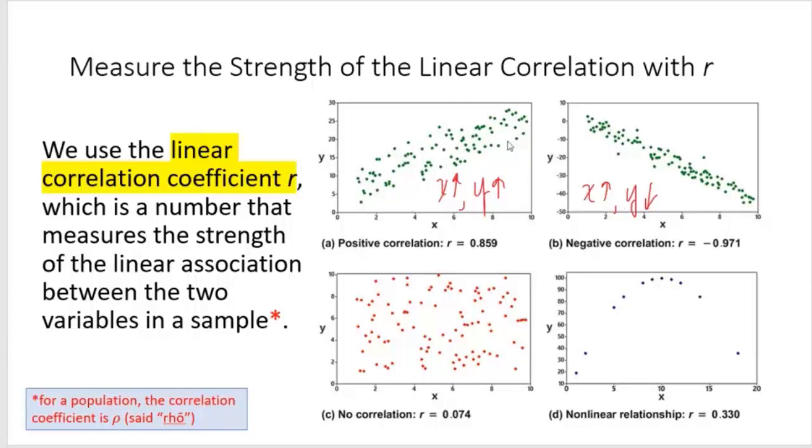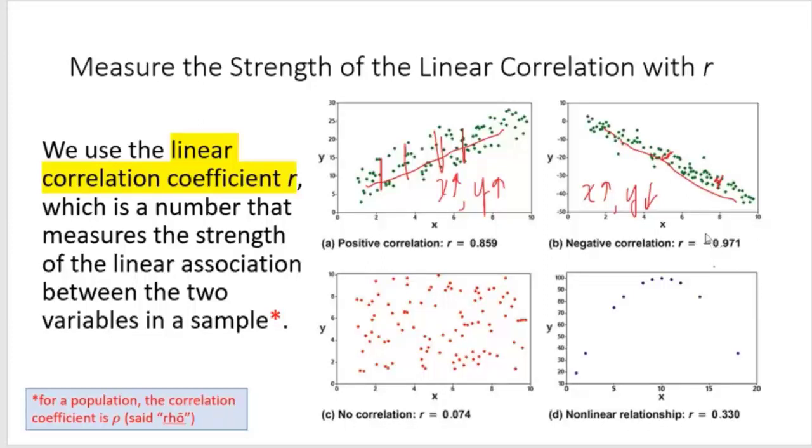So besides the positive and negative, notice how closely the dots are packed. If we put a line on here, some of our dots are fairly far away from it, whereas if I were able to really cut a line through there, the distance between the dots and the line is smaller. So this negative one is more closely packed, which is why the absolute value of this is closer to 1.